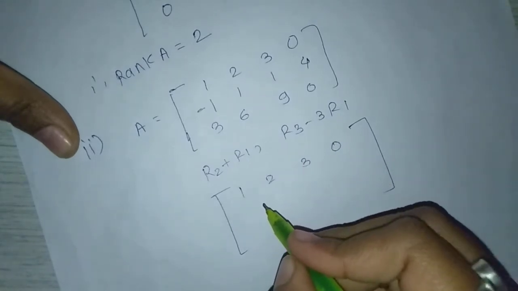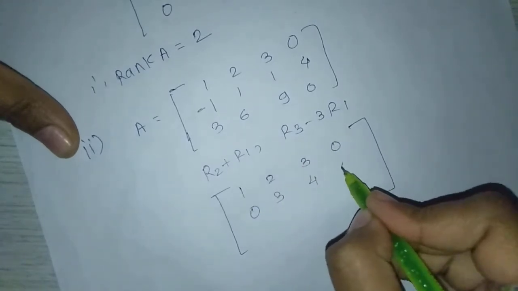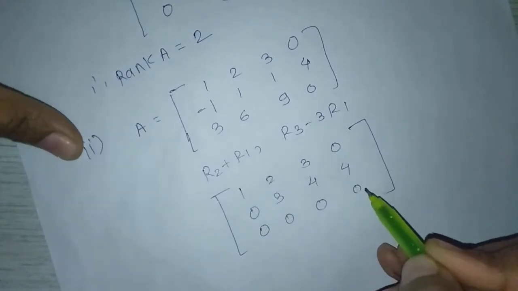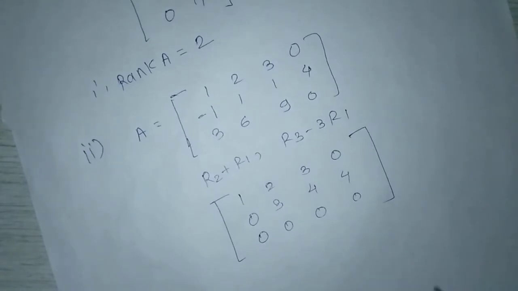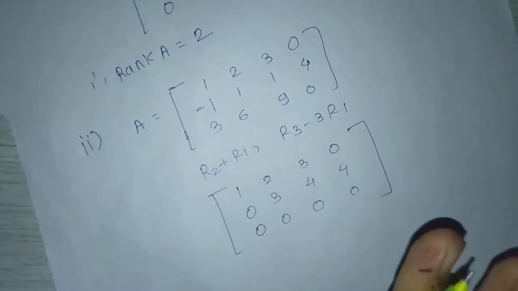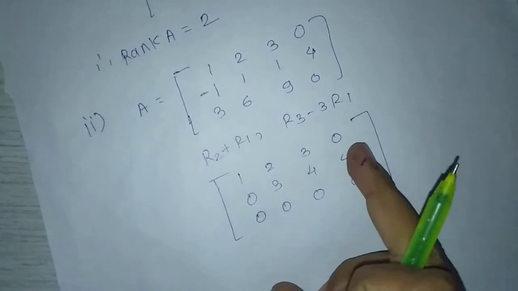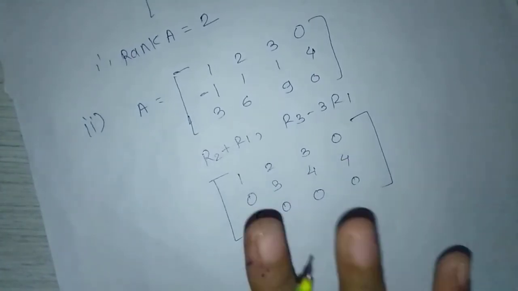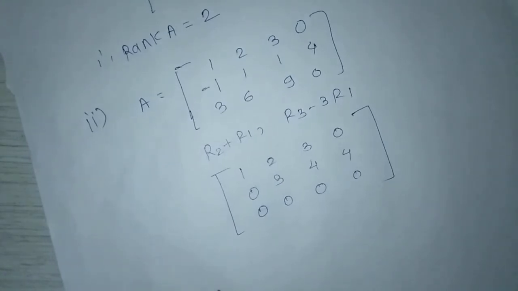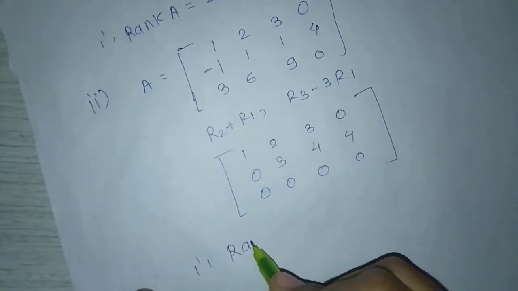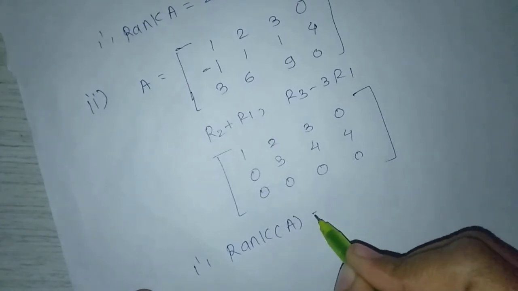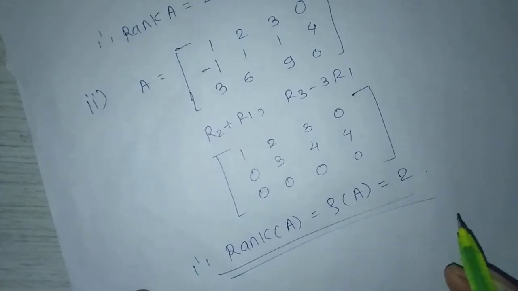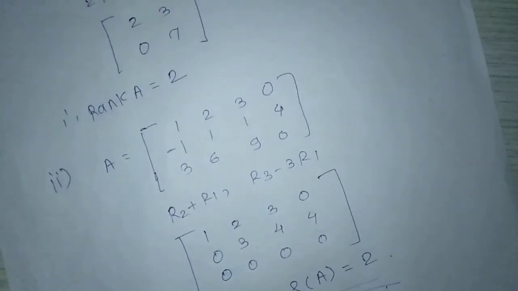Second and third rows become 0, 3, 4, 4 and 0, 0, 0, 0. Here we can observe that the number of non-zero rows is 2: first non-zero row, second non-zero row, and the third row is a zero row. So there are only 2 non-zero rows. Therefore, rank of A, which is equal to rho of A, is nothing but 2. Here we stop.